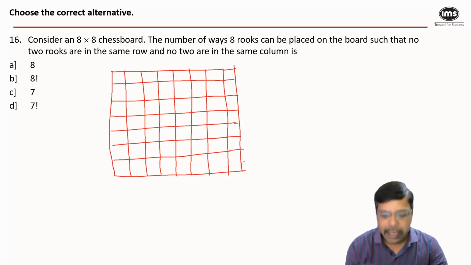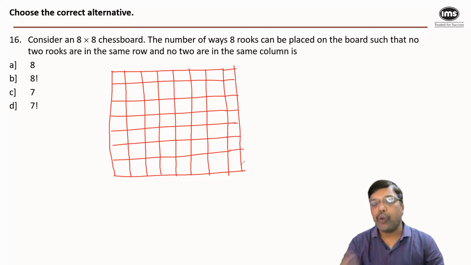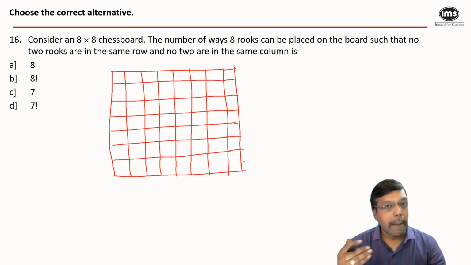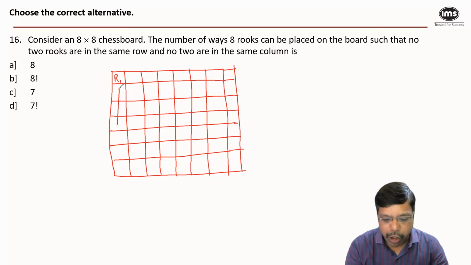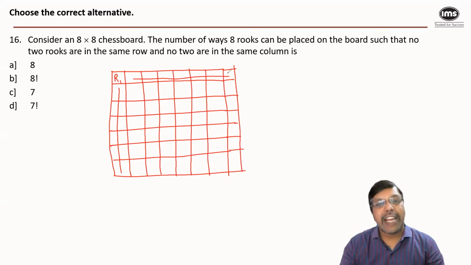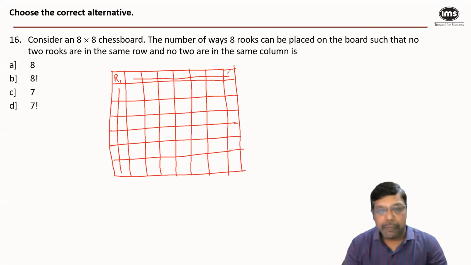Now, I have 8 rooks and I want to arrange them on this board in 8 places such that no 2 rooks are in the same row and no 2 rooks are in the same column. Meaning, suppose if I put the first rook somewhere here, then this entire column and this entire row cannot be used again for any other rook.